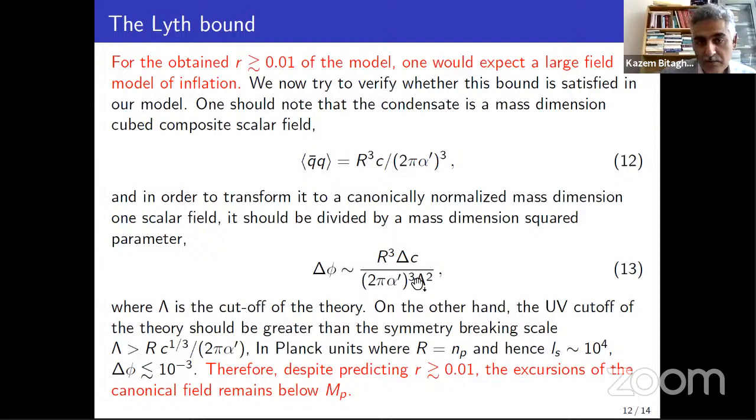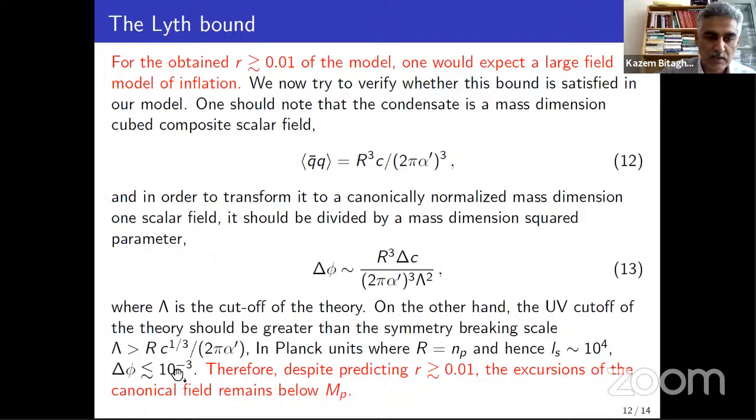But in the denominator, you see the cutoff; this is the cutoff of the theory. On the other hand, the UV cutoff of the theory should be greater than the symmetry breaking scale by this condition. Then in Planck units, where R equals N_P and hence L_s is proportional to 10 to the power 4, delta phi is less than 10 to the power minus 3.